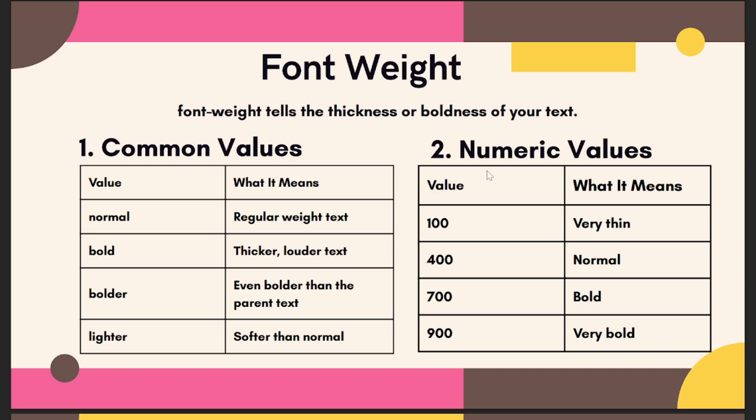You can say font-weight 100, 400, 700, or 900. You have 100, 200, 300, down to 900. So 900 is very bold, 700 is bold, 400 is normal, and 100 is very thin. So we'll continue. I will show you how you add the font weight.